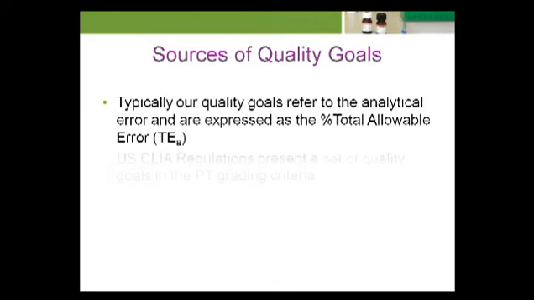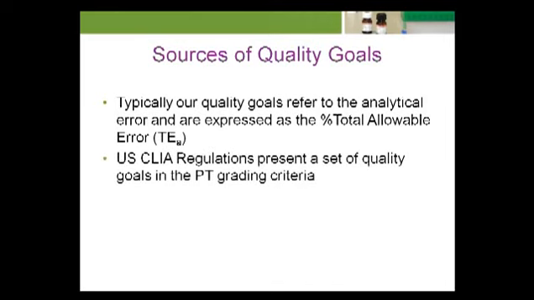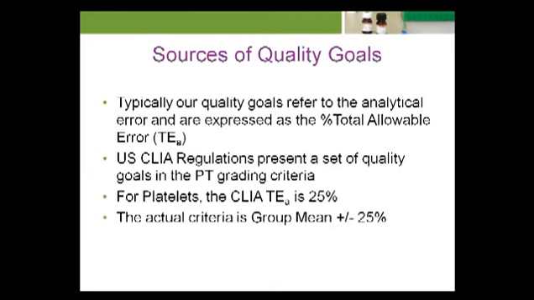In the United States, the CLIA laws form a set of quality specifications derived from a regulatory body. An example from CLIA is the platelet specification of plus minus 25%. For a group of laboratories evaluating the same specimen, each lab should report a value that's within 25% of the group mean.